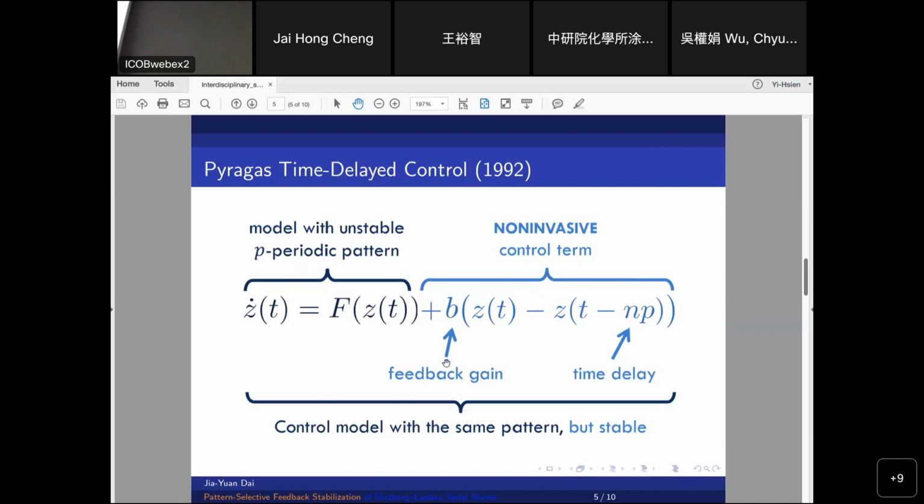So this means that the periodic pattern is still a pattern of the control system. And the main goal is we can choose some time delay and also feedback gain such that in the control model, the pattern becomes stable. So the main point here is you can use the feedback control with time delay to make something feasible.